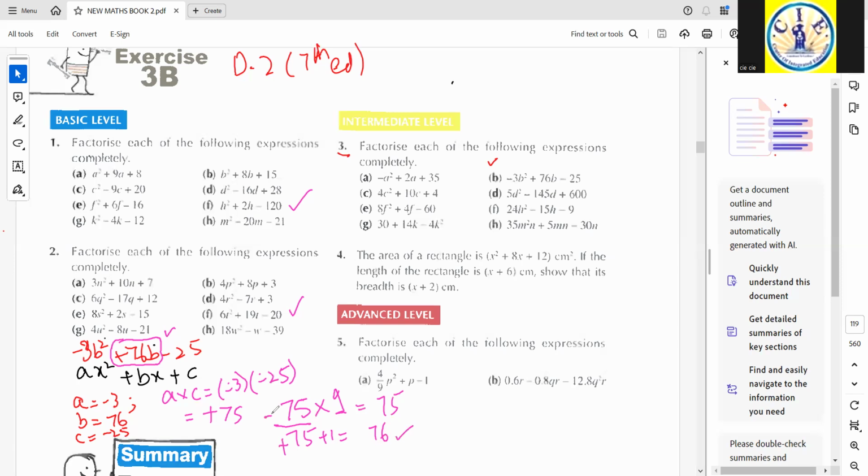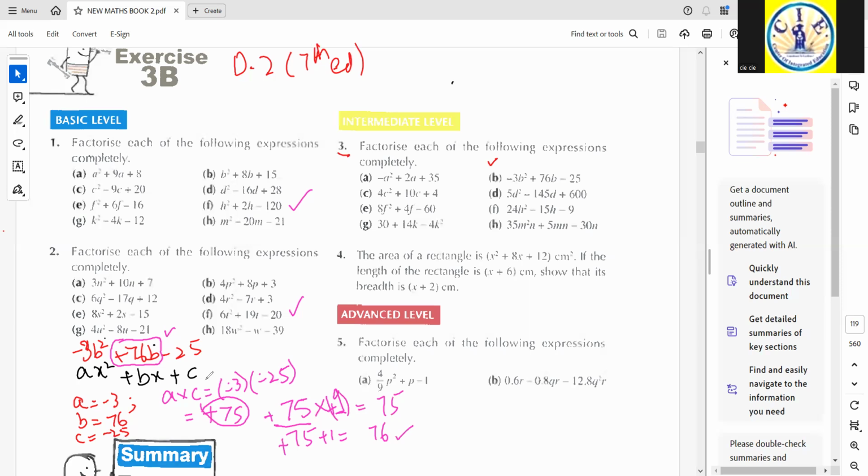You multiply them, positive 75 with positive 1, you get positive 75. That means the product AC. So these are the factors straightforwardly that can be made. So 75 and 1 are the required factors.